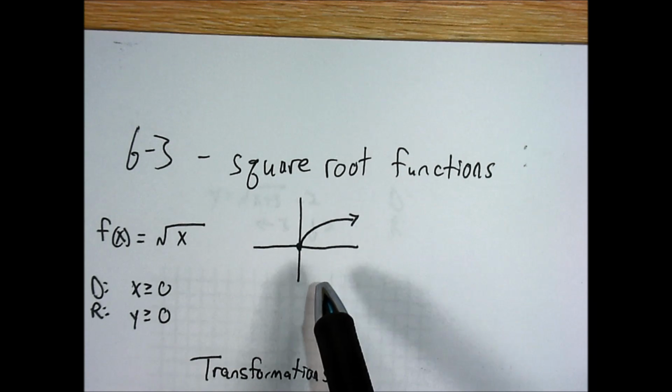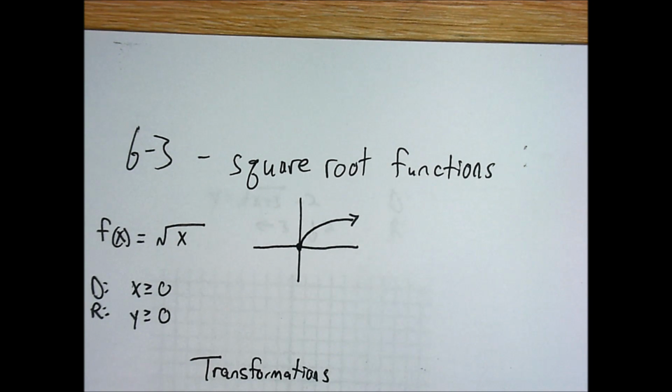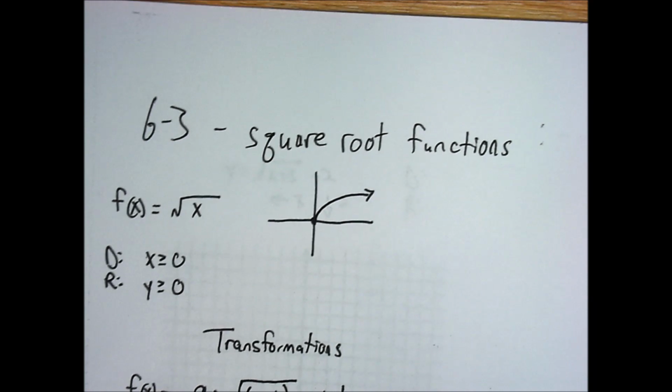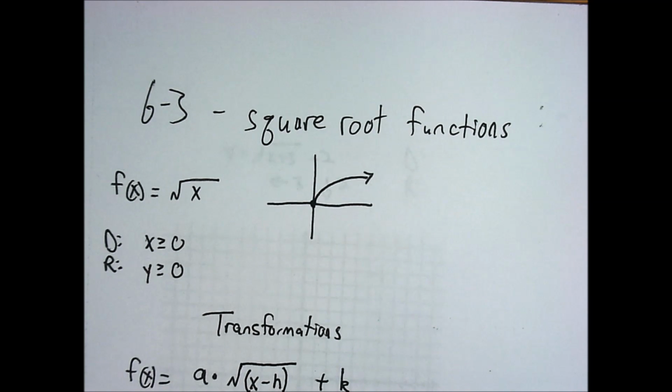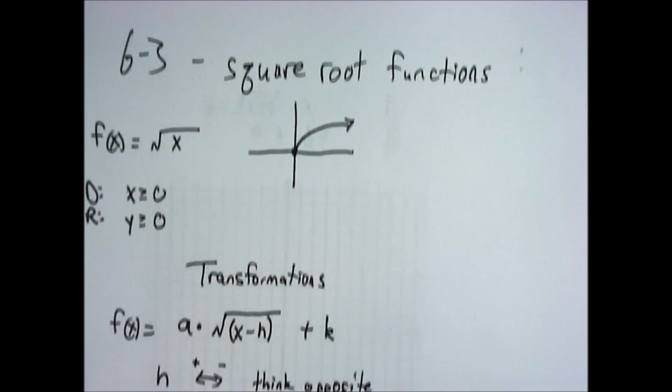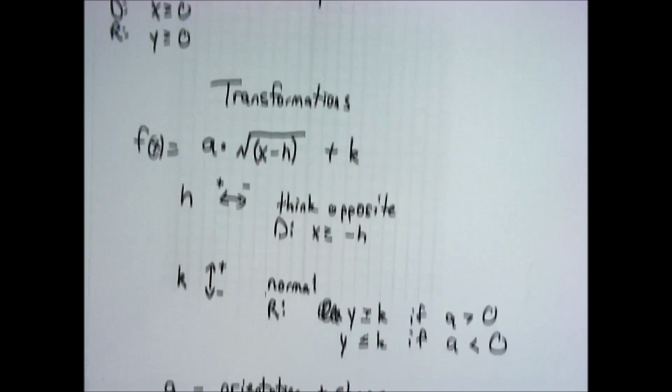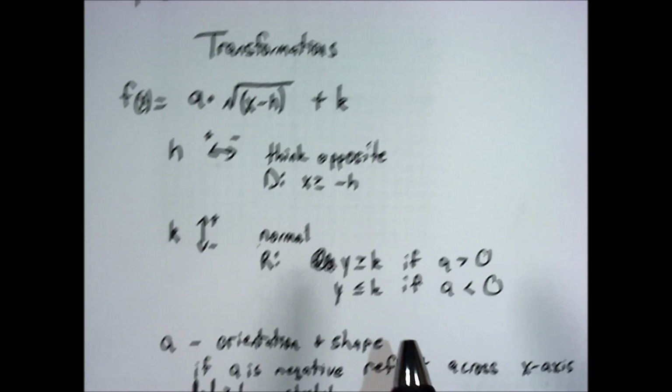And much like we did with our x squared graphs, our quadratics, we are going to be doing transformations with these, sliding them around and flipping them upside down. There are our rules for our transformations.